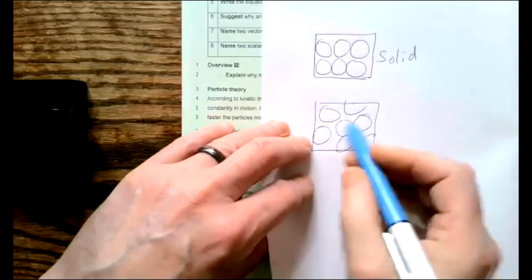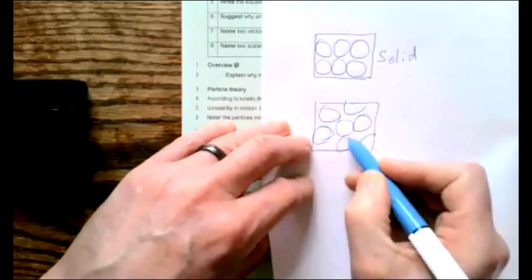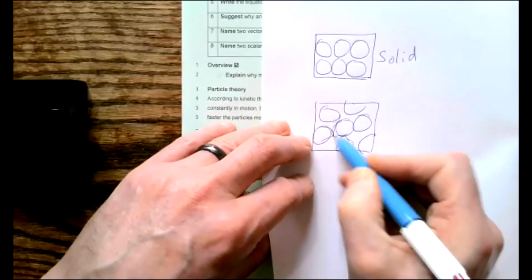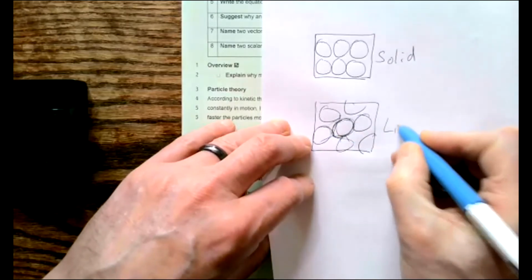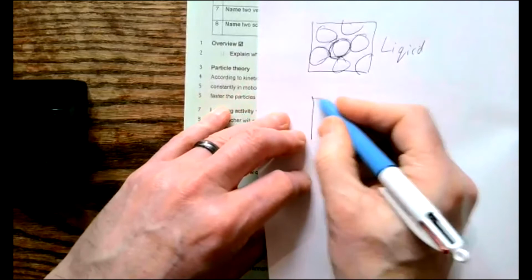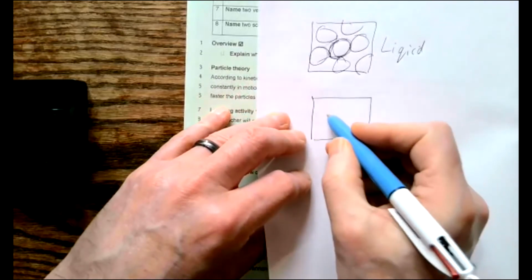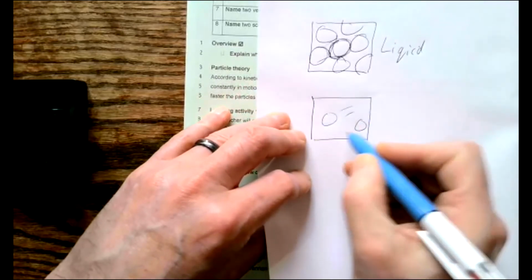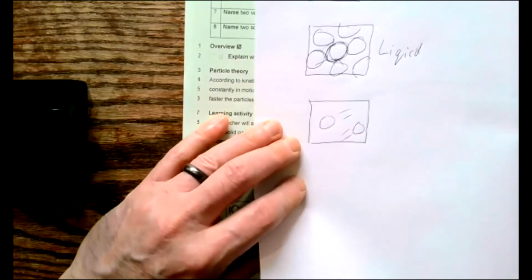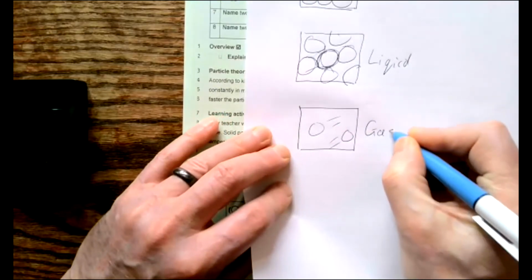They're all actually touching as well, so those gaps shouldn't be there really. And then you had the idea of your gas, where the particles are also randomly arranged, moving very fast with big spaces between them. That was just what our kinetic theory told us from before.